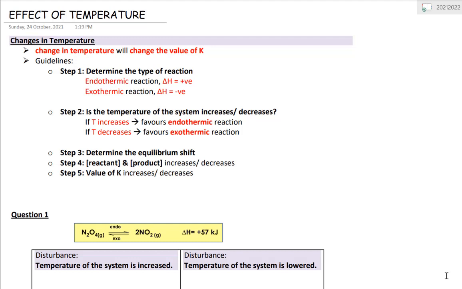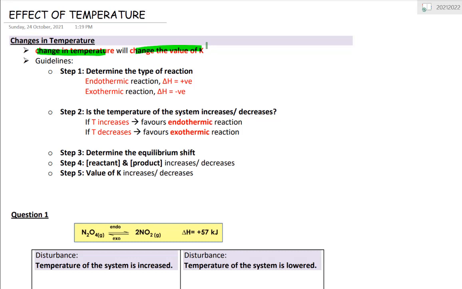Remember that previously Madam talked about the value of K, your equilibrium constant. If your temperature remains constant, the value of K will remain unchanged. But when there is a change in temperature, there will be a change in the value of your equilibrium constant K.